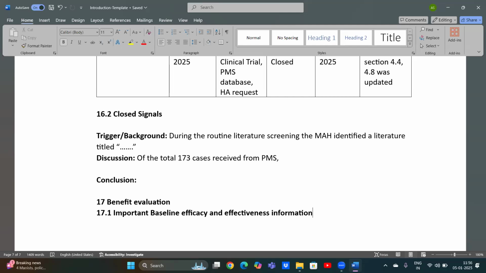It is measured in clinical trials under closed or controlled conditions. If it is in the real world or post-marketing, then that efficacy is called effectiveness. Both are the same terms, but one is in controlled conditions and one is in the real world.